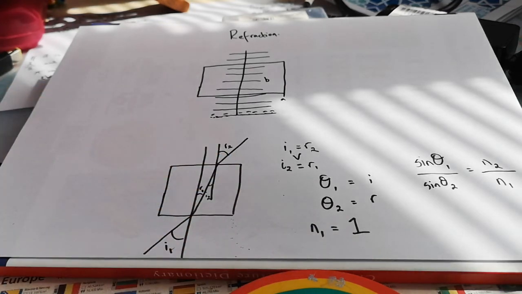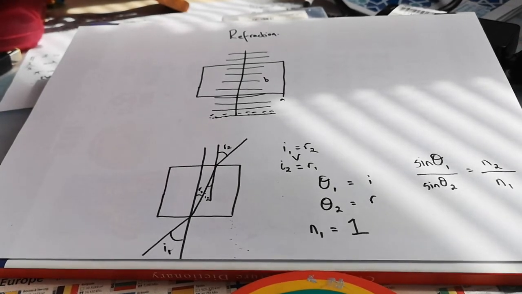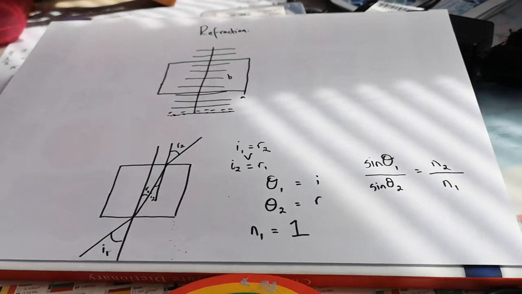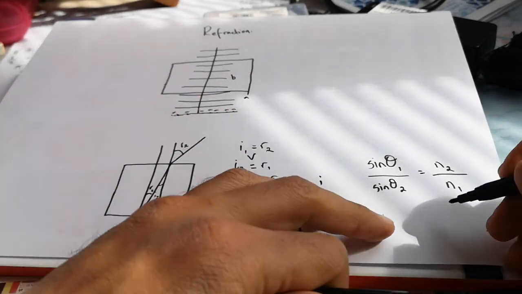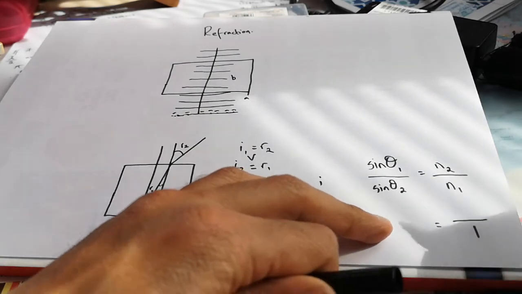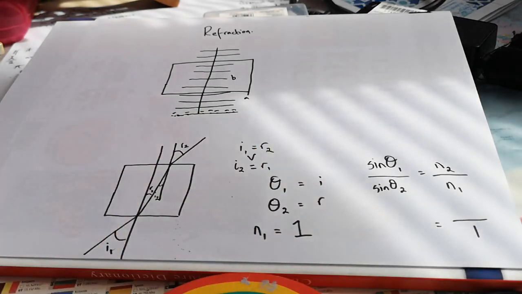So now if you consider what we've just said here, the fact that the refractive index of air is 1, when we do this calculation, what you're going to get is it's always going to be a number divided by 1. Hence why in a lot of textbooks you see that n1 is actually removed from the equation. Okay, so this is the basic introduction.